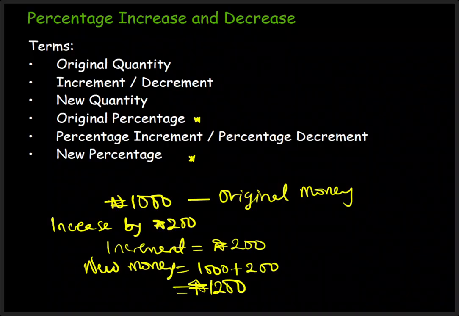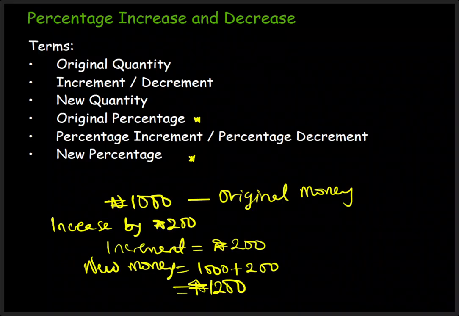This is what we'll be looking at in percentage increase and decrease. Now this increment can be expressed as a percentage. We just finished percentage, so the increment can be expressed now as a percentage. The next page we'll be looking at formulas involved in percentage increase and decrease.